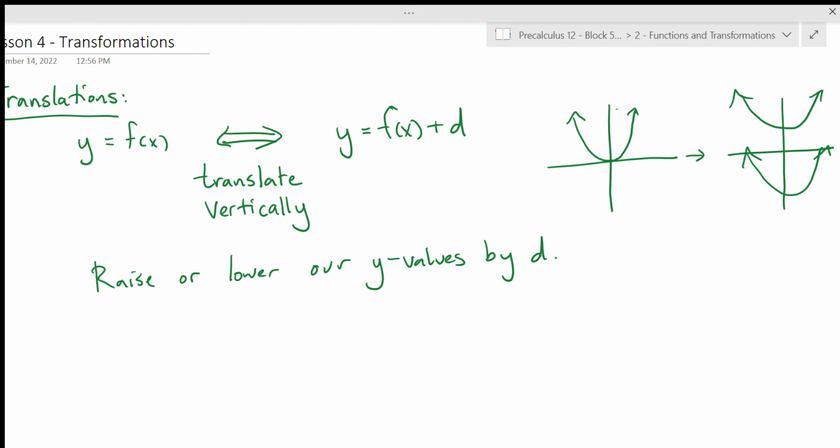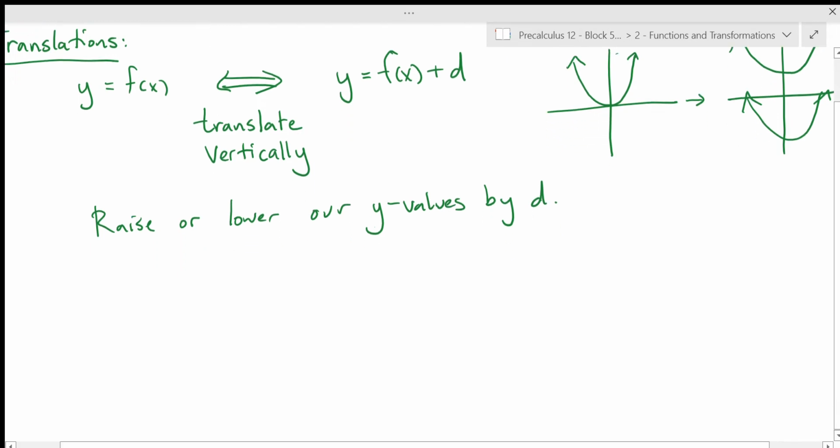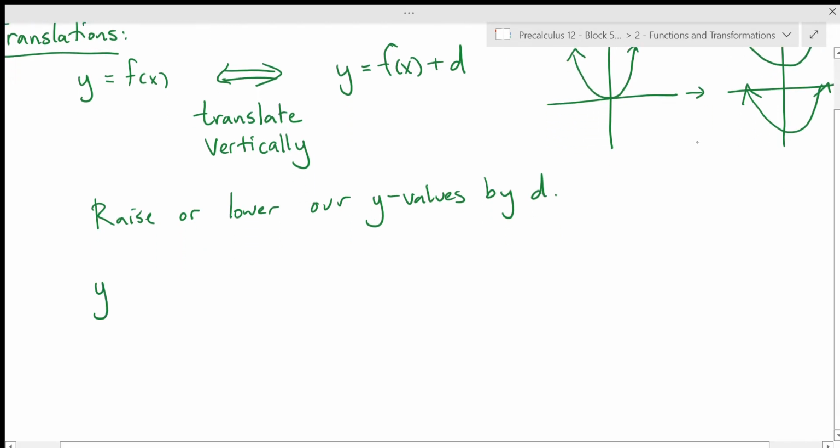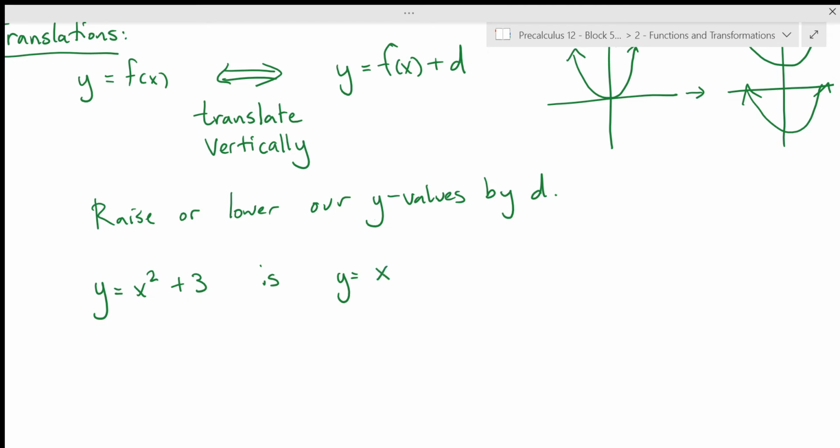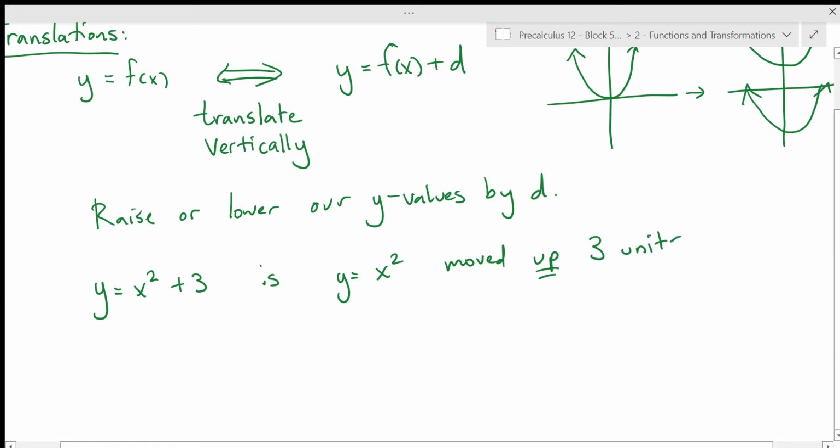Okay, so if you had like y equals x squared plus 3, that is y equals x squared moved up 3 units. So you're sliding the entire graph. You're not changing the shape at all. You're not changing the orientation or the positioning of the graph. You're just sliding it up and down when you're adding a number on the end of the function. That's why we call it y equals f of x plus d. Okay?